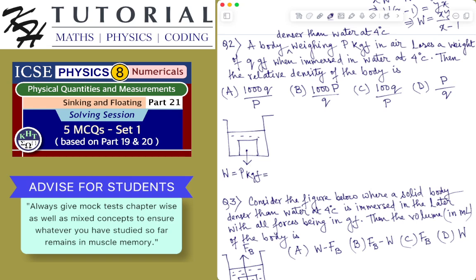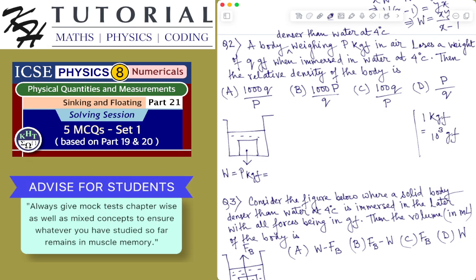Now if I want to convert this kgf to gf, kgf is nothing but the gravitational force acting on a body of 1 kilogram, and 1 kgf is equal to 10 to the power 3 gf, because 1 kilogram is equal to 10 to the power 3 gram.